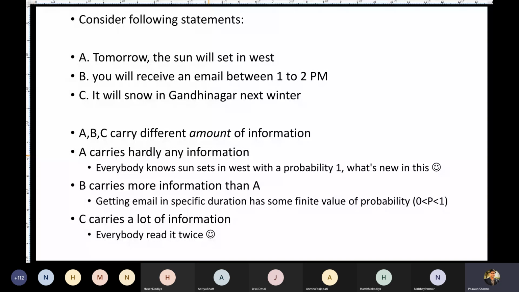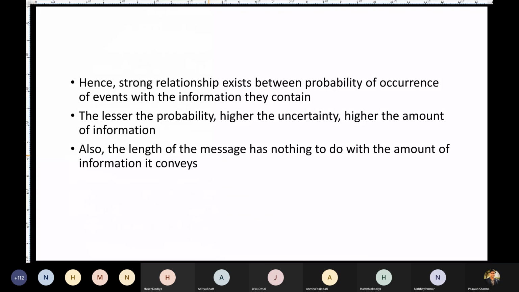And so what is the takeaway from this 3-sentence analysis? Strong relationship exists between the probability of occurrence of events with the information they contain. Least probable, highest information. Highest probable, least information. Okay, the lesser the probability, higher the uncertainty, right?